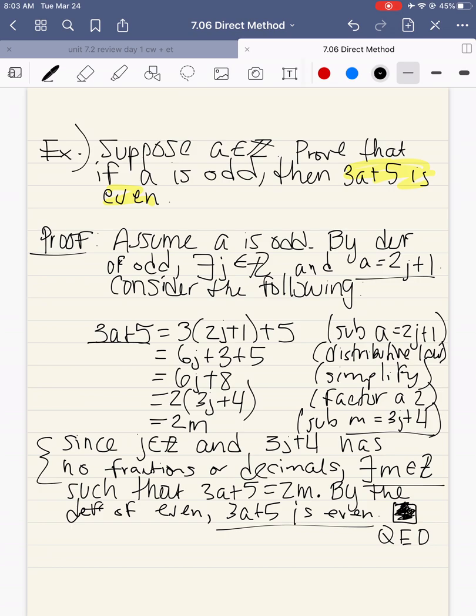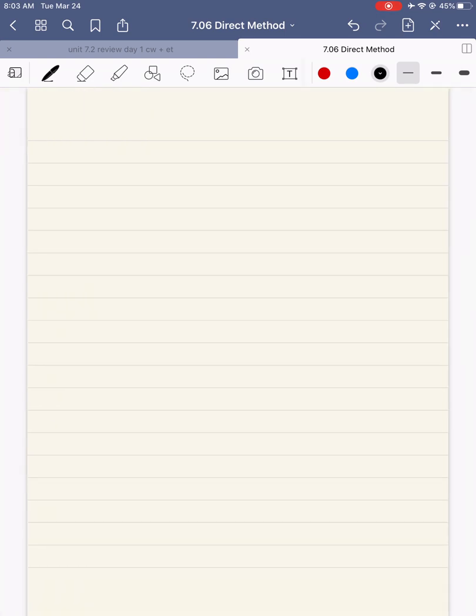So whichever you prefer, they both mean the same thing, that our proof is done. Okay, so let's go ahead and do a little bit more of a complicated proof, but still following the same guidelines here. So our second example, we have, again, suppose A and B are integers.